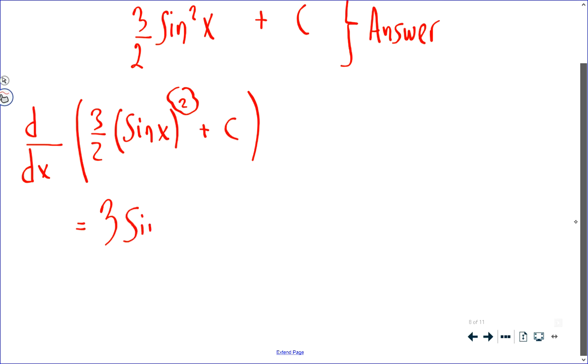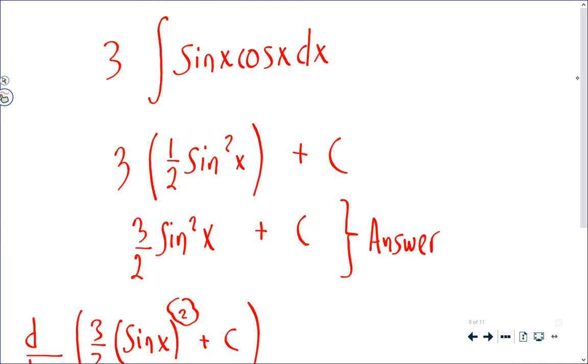The base stays the same, and now it's to the 1. And I then multiply by the derivative of the base, or the argument, which is sine of x, and the derivative of sine of x is cosine of x, plus the derivative of my constant is 0. I get 3 sine x cos x, which means that this is also an answer.